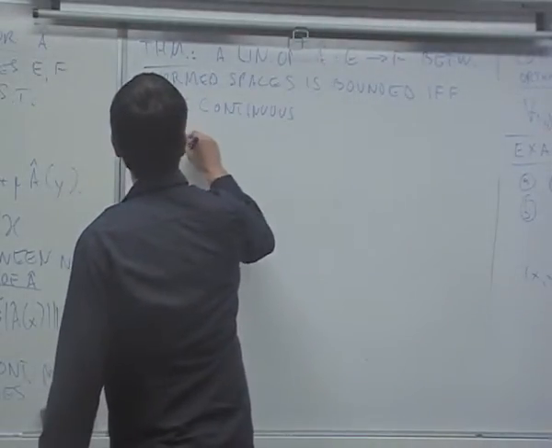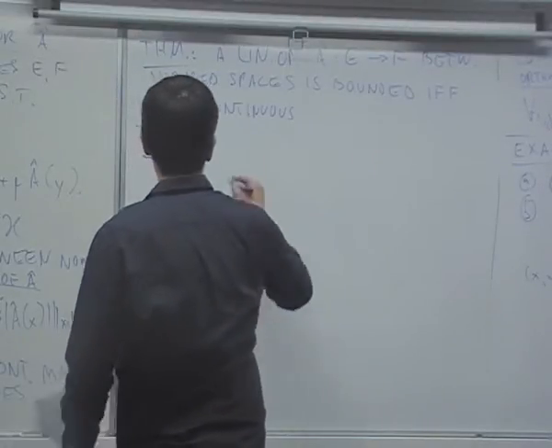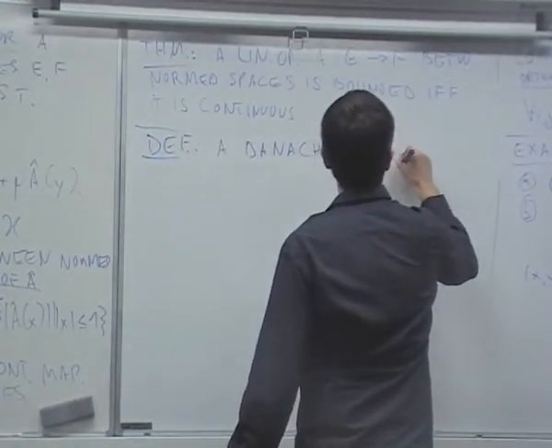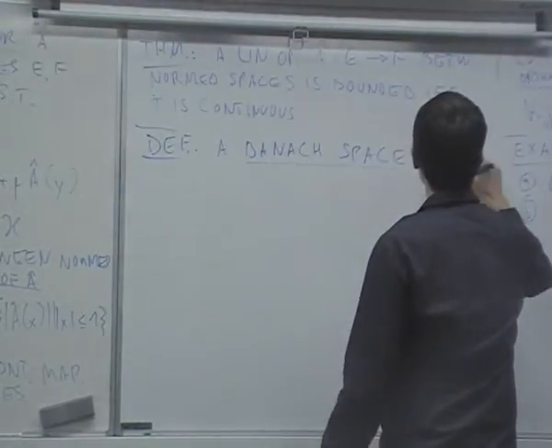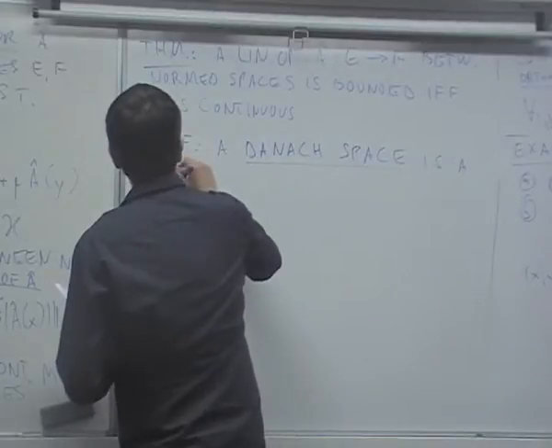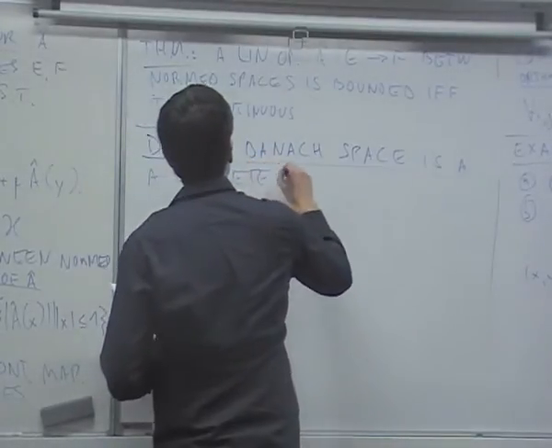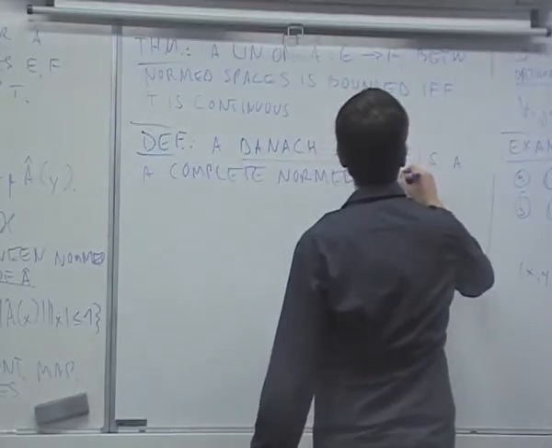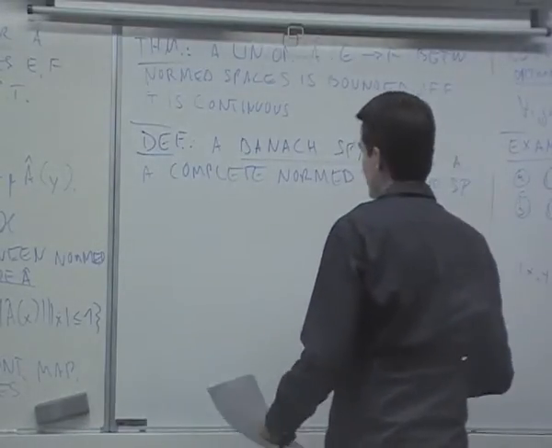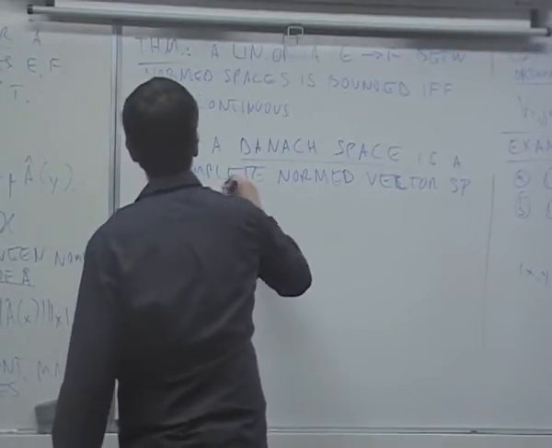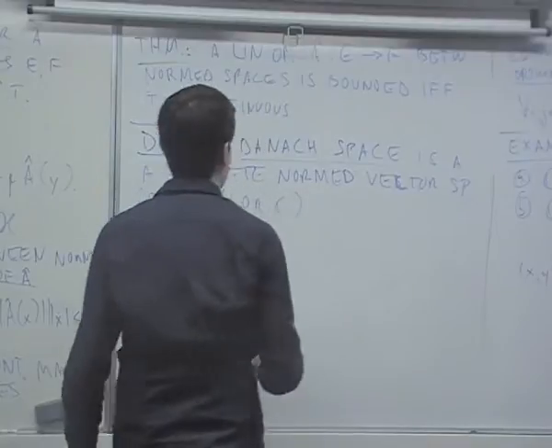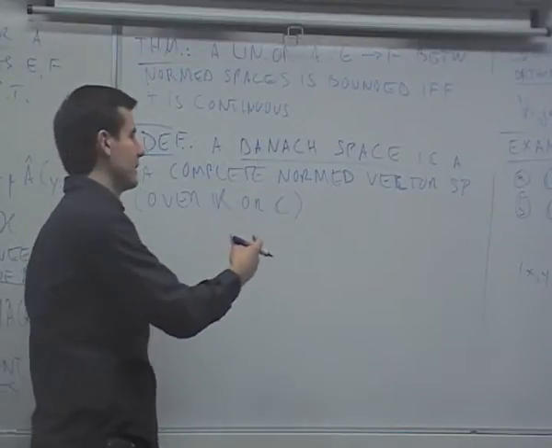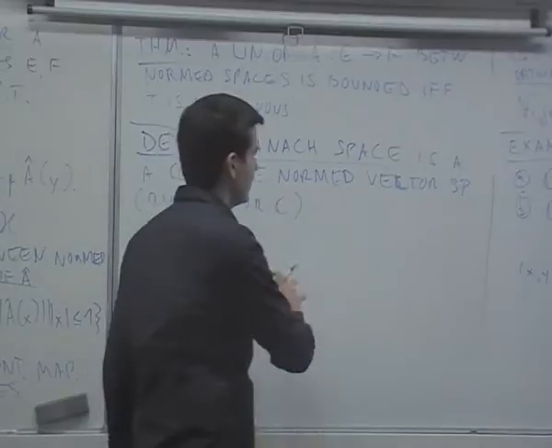So again, here's a definition. First of all, you probably know a Banach space is a complete normed vector space over R or C. From now on, I will not always say over R or C, so it's implicit, and when in doubt, it's definitely over C. I may sometimes just drop this.